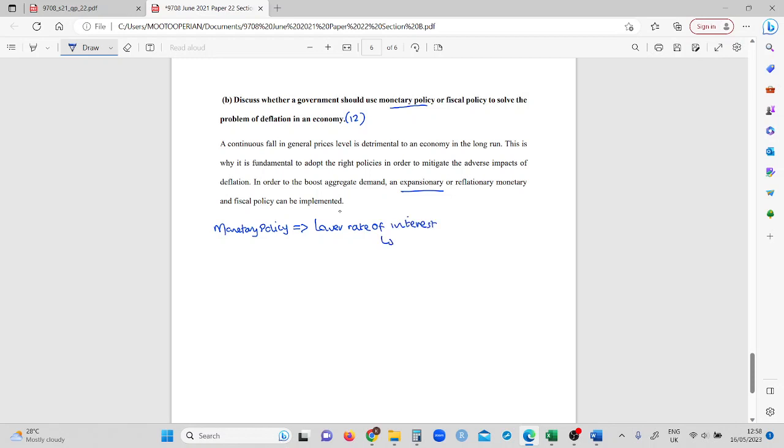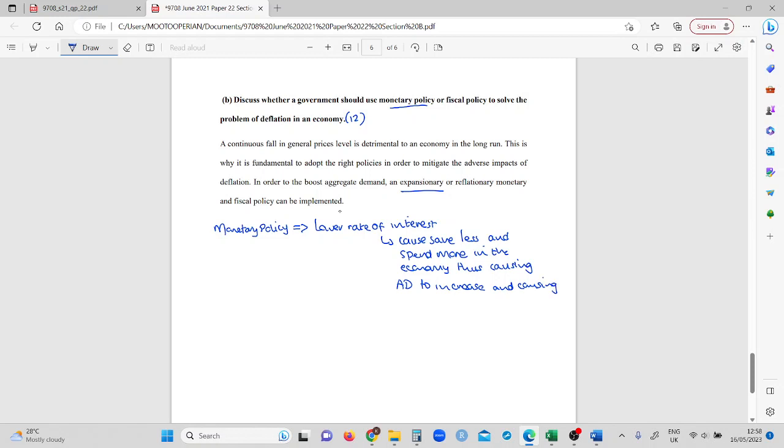This would cause people to save less and spend more in the economy, thus causing aggregate demand to increase and causing prices to increase as well.